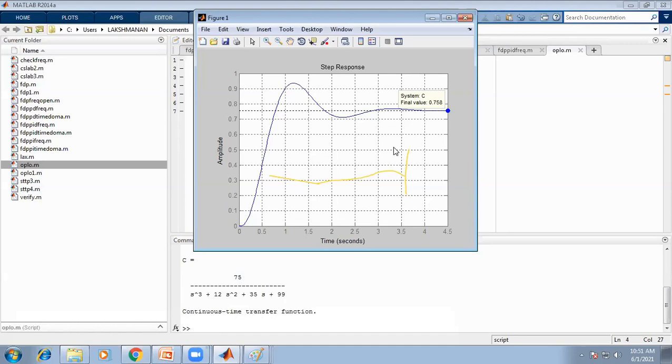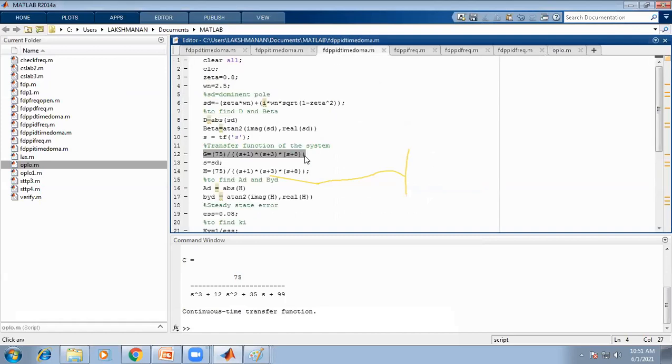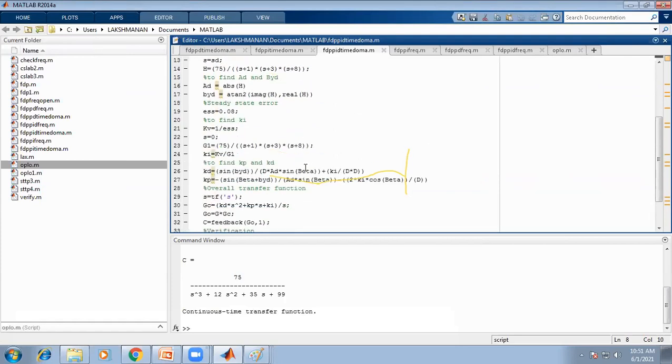So now we are going to introduce the PID controller. Here I'm using theta equal to 0.8, omega n equal to 2.5, and a dominant pole. As I already told, the Ki value can be found using the velocity error constant Kv. Kv equals limit s tends to 0 of s into g into Gc of s.